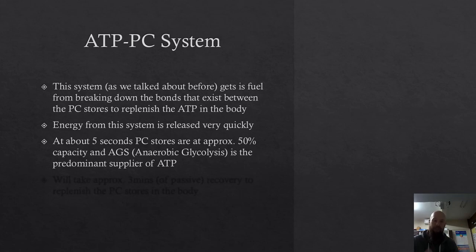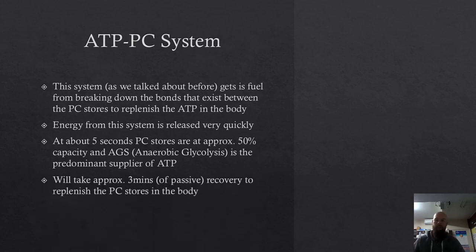Now these are the numbers that you need to remember as well when responding to exam questions, because you have to use data. So at that point, when there's about 50% of your energy stores of the ATP system, the anaerobic glycolysis system is starting to kick in and starting to become more and more effective.